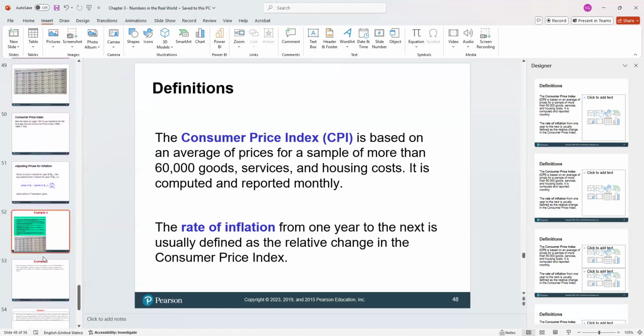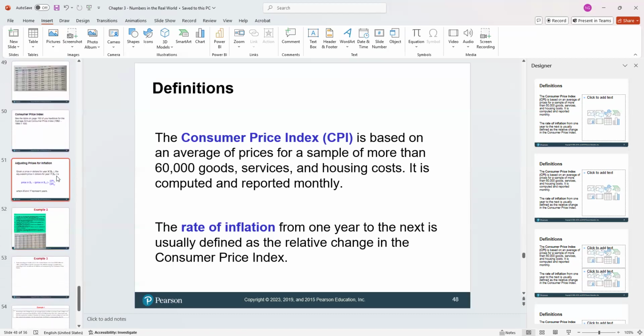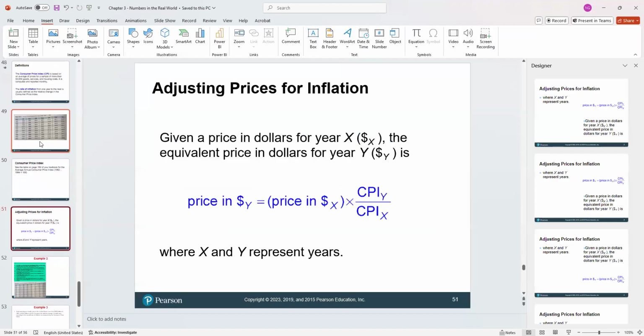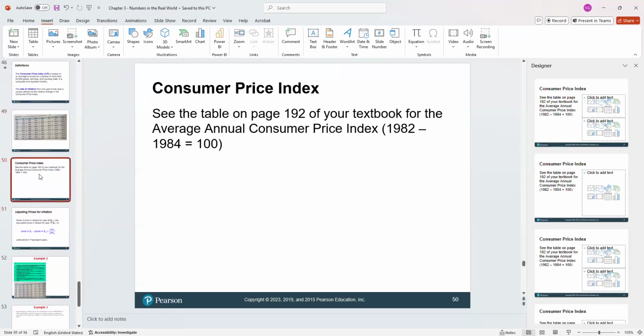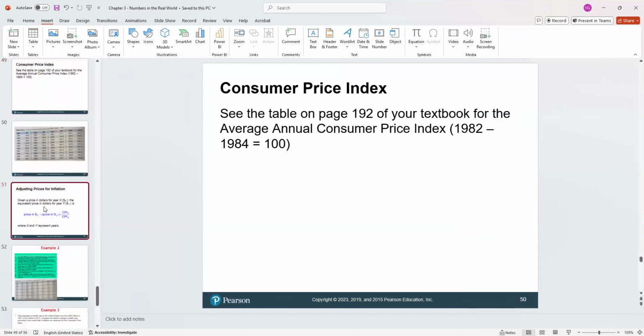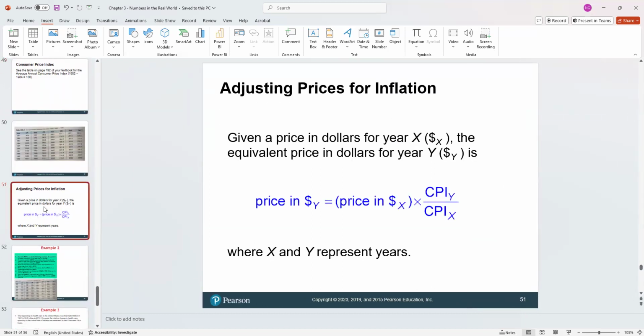Now, in the next slide, this is the consumer price index table. These are the adjustments, because prices of most commodities tend to rise over time. We can't compare prices fairly unless we take into account the increase we would expect from inflation, right?